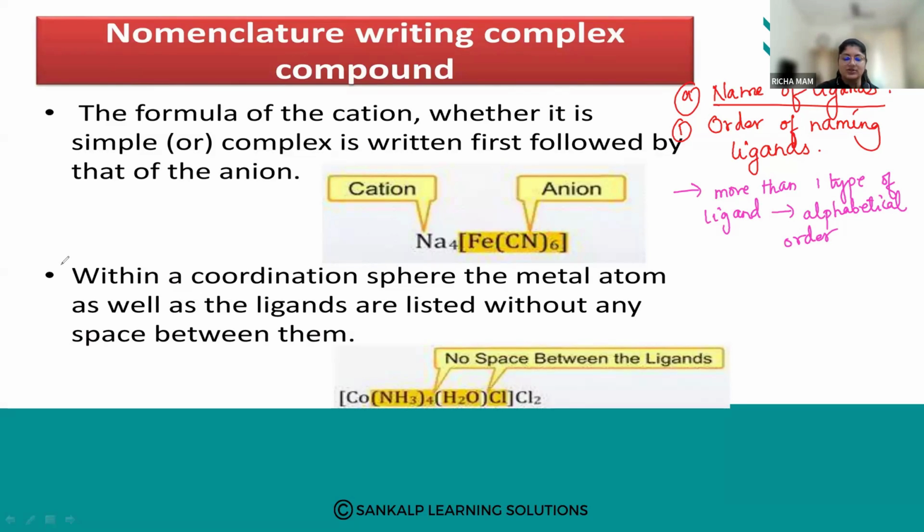Okay, suppose this is a complex: cobalt, then NH3 4, then NO2, and Cl, with charge plus 2. Now tell me what will come first.